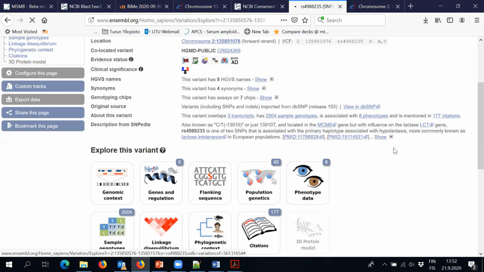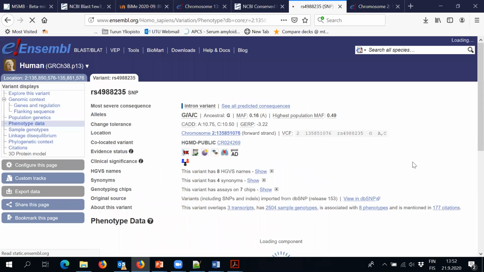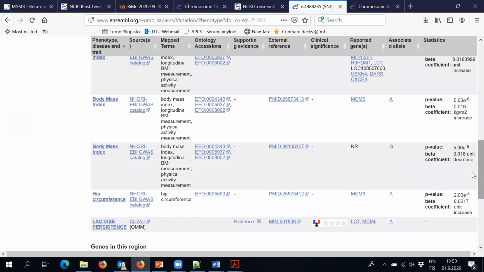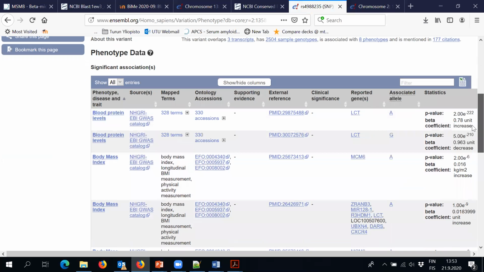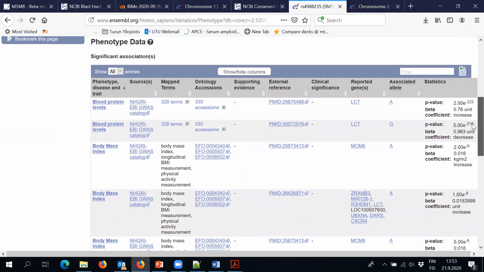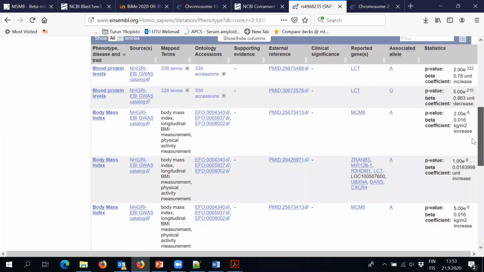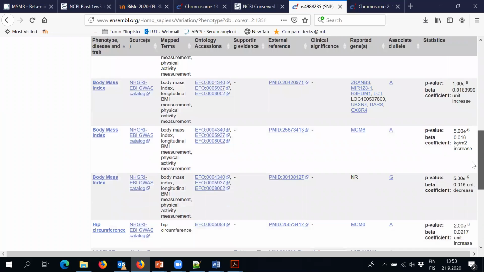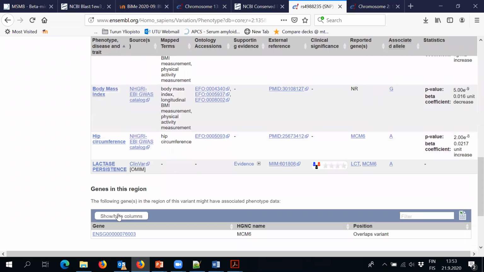If we look at the description here, even if this is not in the lactose degrading enzyme, it's in a neighboring gene, and this MCM6 variant also has an effect on this. Okay, so we have phenotype data showing association to body mass index, hip circumference, and then here we have lactase persistence.